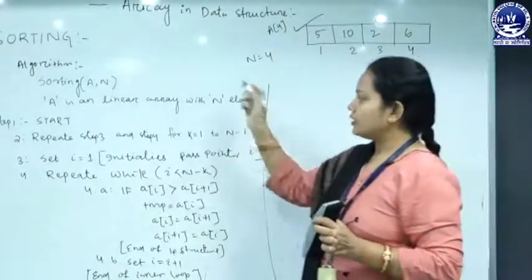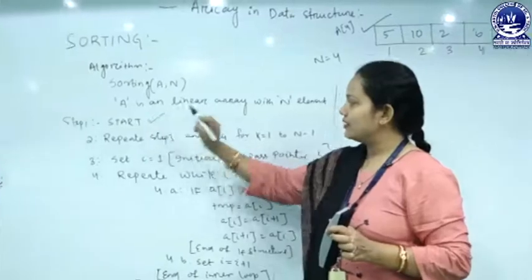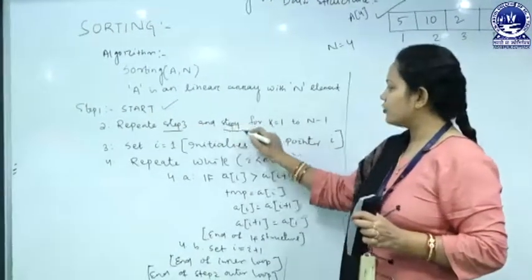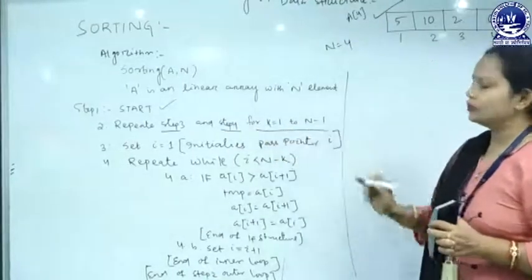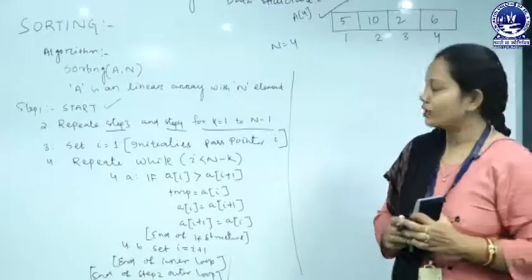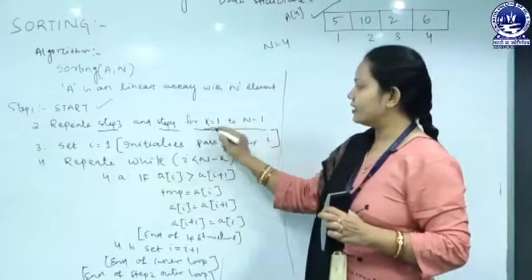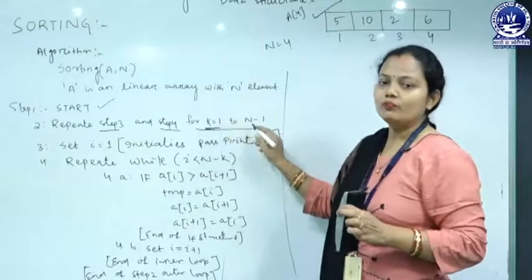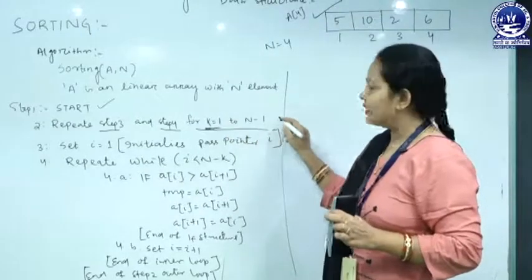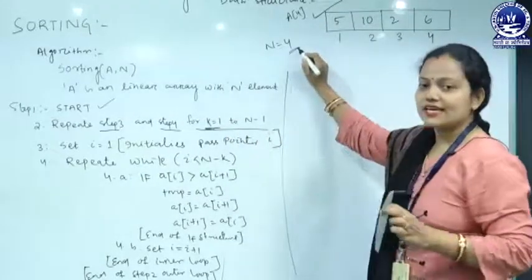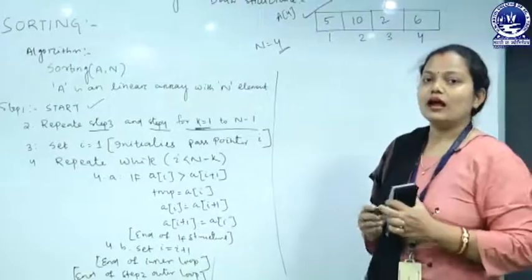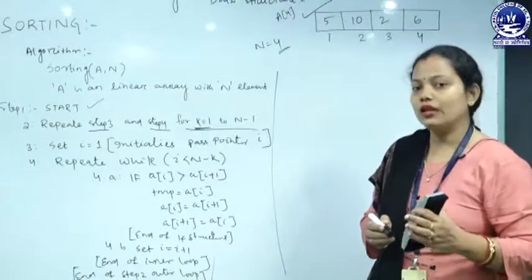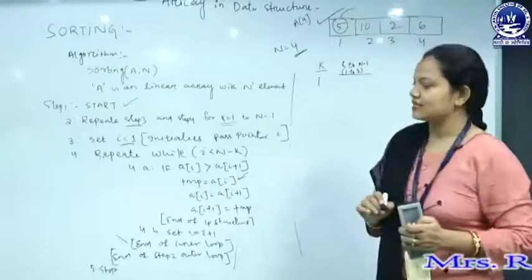According to the sorting algorithm, we repeat step 3 to step 4 for k equals 1 to n minus 1. Here the counter variable is k and we execute the loop from 1 to n minus 1. Since n is 4, we execute 3 times, as long as this condition is true.